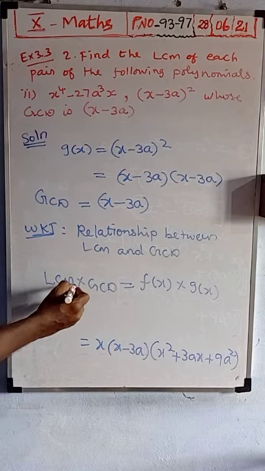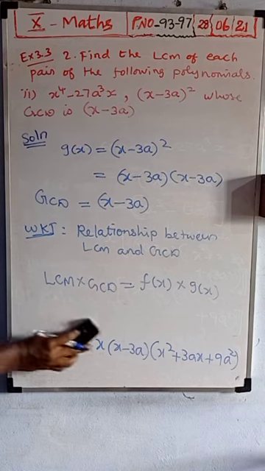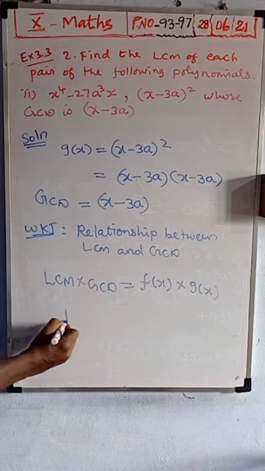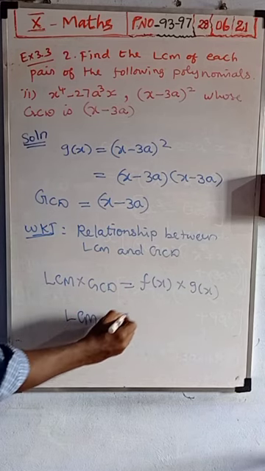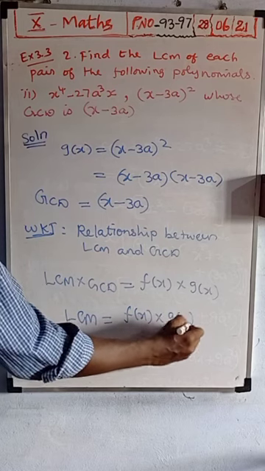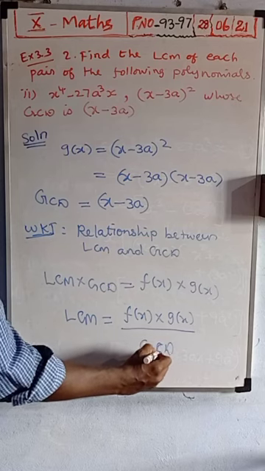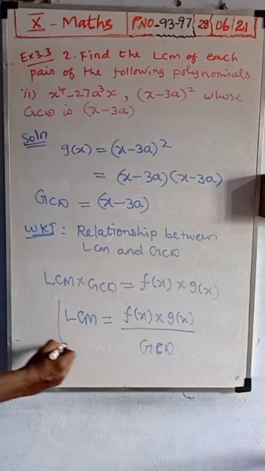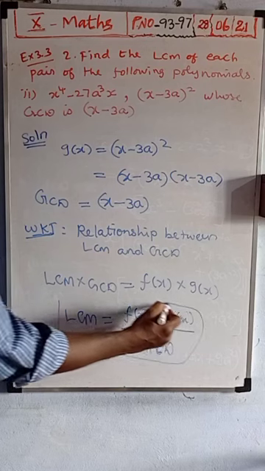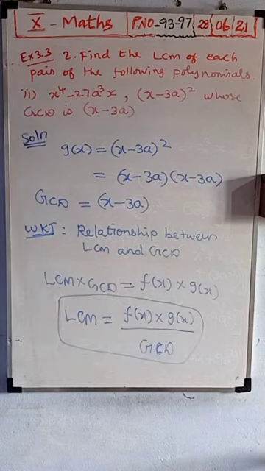The question asks to find the LCM, so we keep LCM on one side. So LCM is equal to f of x into g of x divided by GCD. This is the formula.